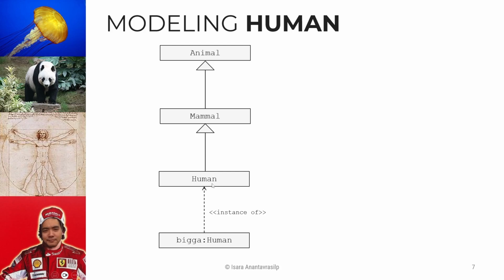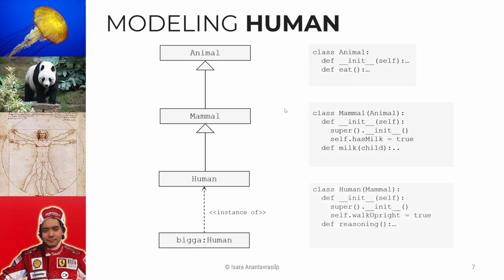I am a human. Human is a kind of mammal, and mammal is a kind of animal. And this property is transitive. So basically it means that I am a mammal and I am an animal.